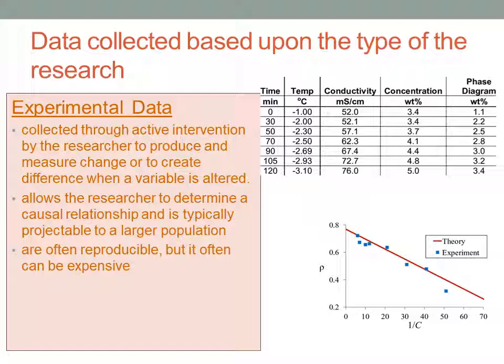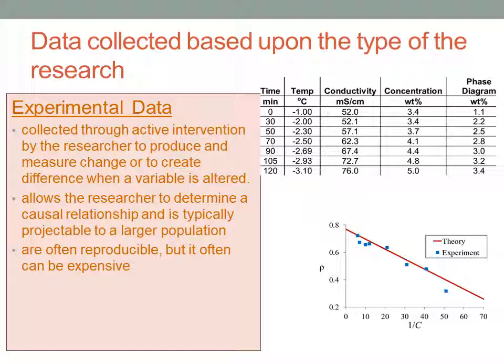In the second or the below diagram, it says 1 over C, that means the inverse of concentration, is used as the independent variable, and rho, that is conductivity, as the dependent variable, and you plot conductivity based upon 1 over C. And 1 over C is a mathematical expression.